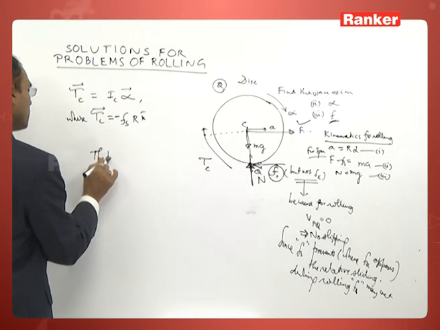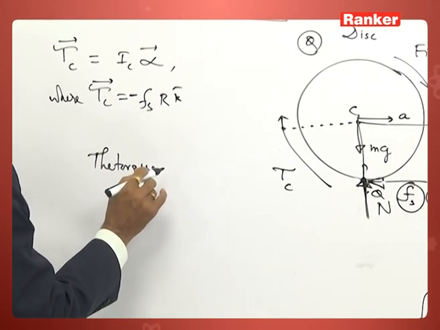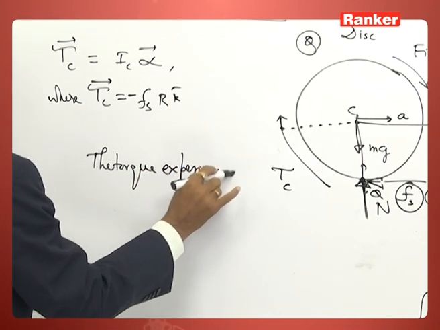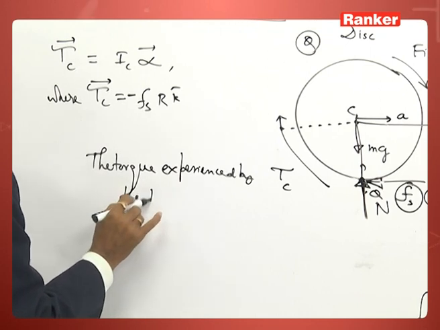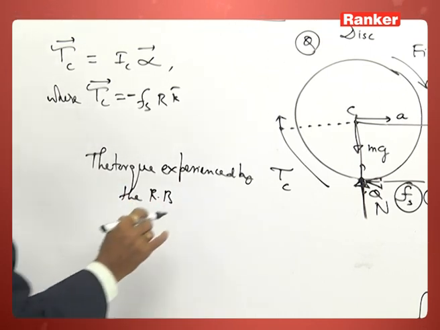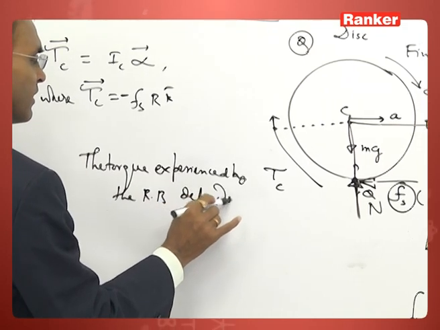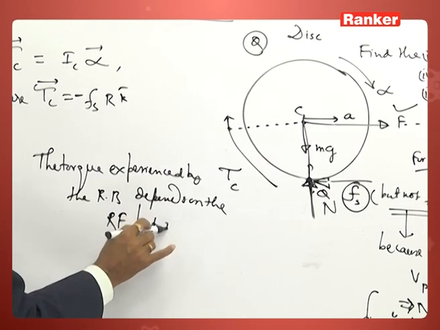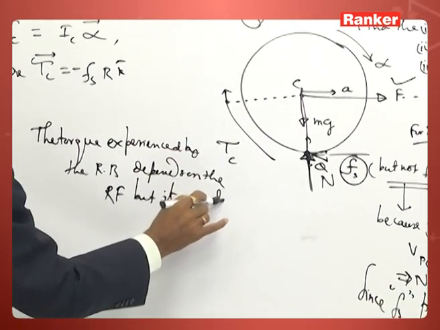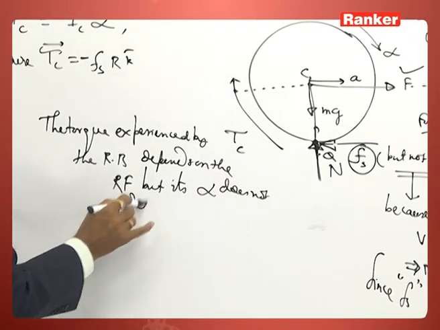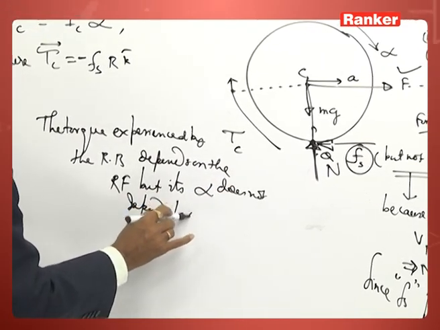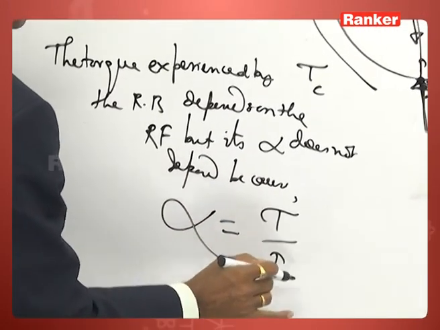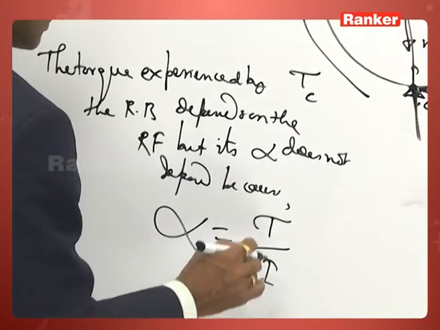The torque experienced by the rigid body depends on the reference frame, but its angular acceleration does not depend, because angular acceleration is equal to torque upon the moment of inertia.